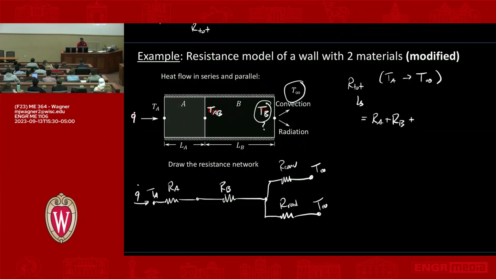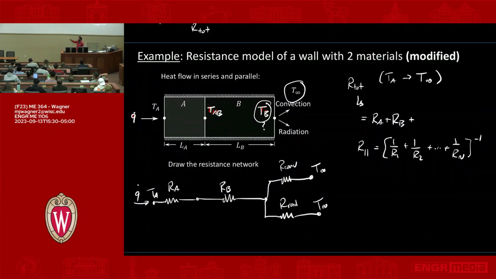So anybody remember how to write parallel resistances? R parallel is (1 over R1 plus 1 over R2 plus dot, dot, dot, plus 1 over Rn) to the minus 1 power.